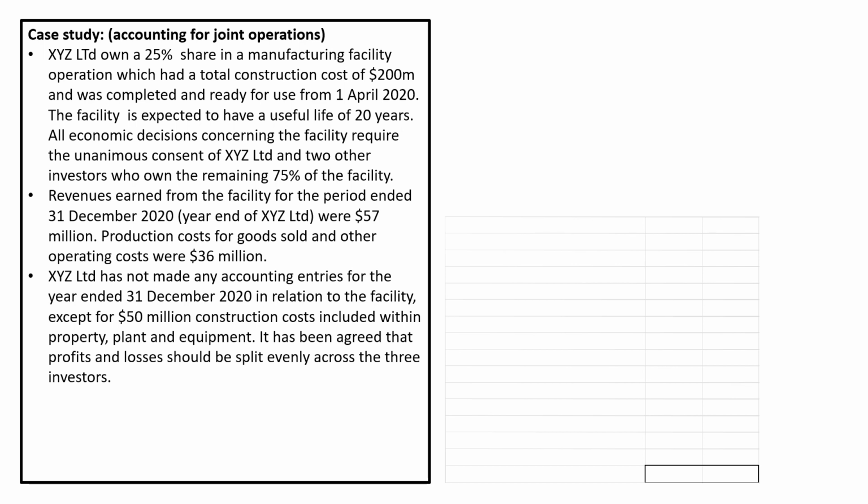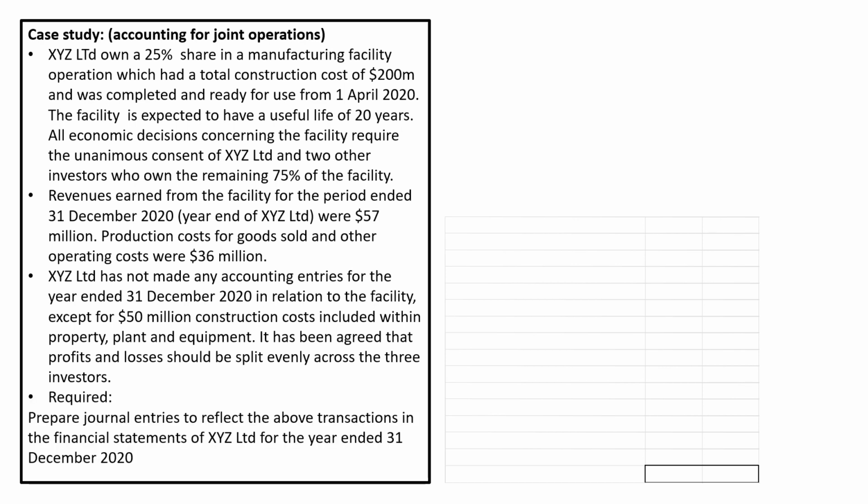It has been agreed that the profit and loss should be split evenly across the 3 investors. Required, show the journal entries to reflect the above transactions in the financial statements of XYZ Limited for the year ended 31st of December 2020.